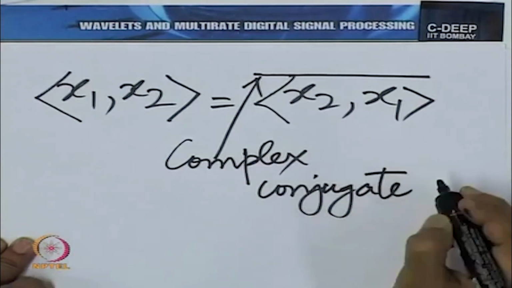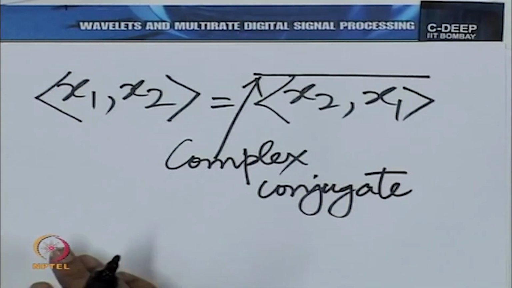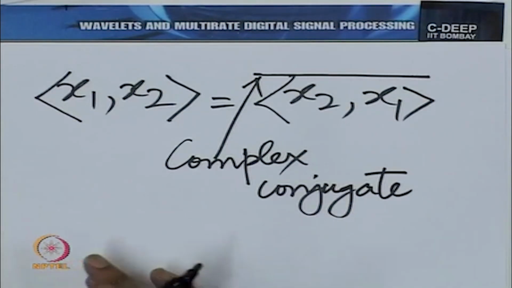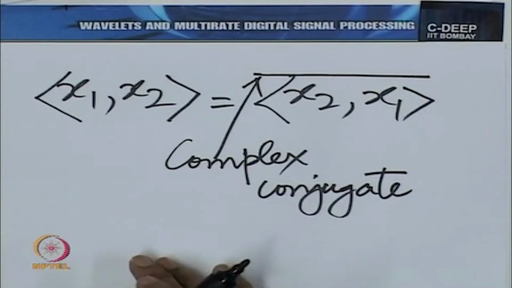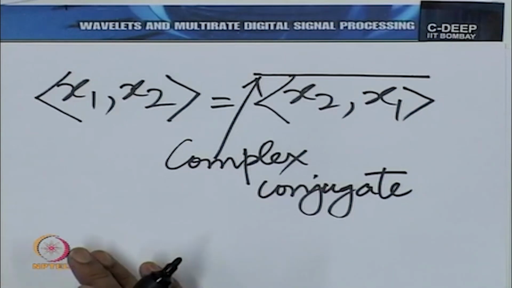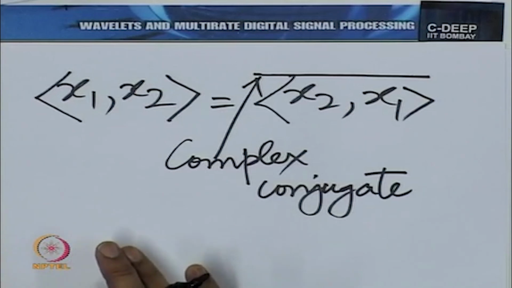And this is the more general requirement of a dot product. In fact, this is the simplest way in which one can define a dot product between sequences. There are many other ways, again an infinite number of ways, but at this moment we shall not go into the other ways, they will only confuse us.